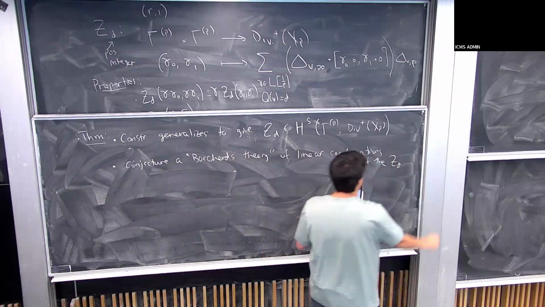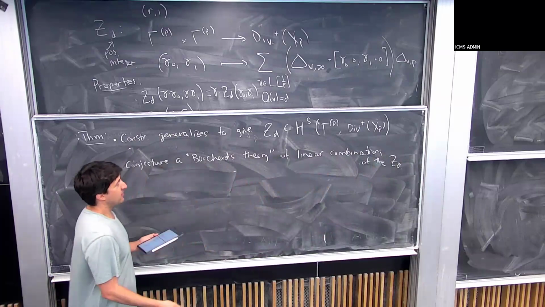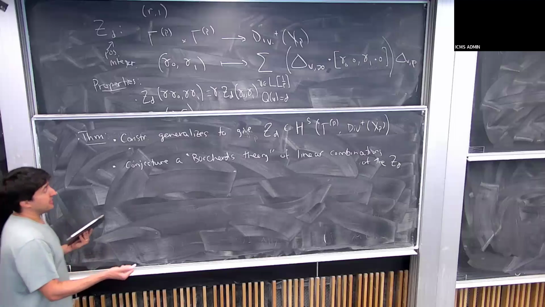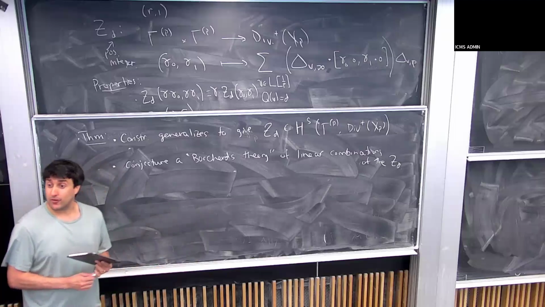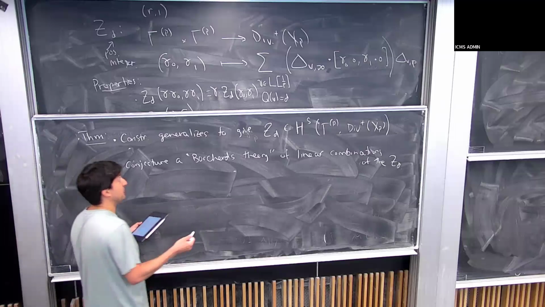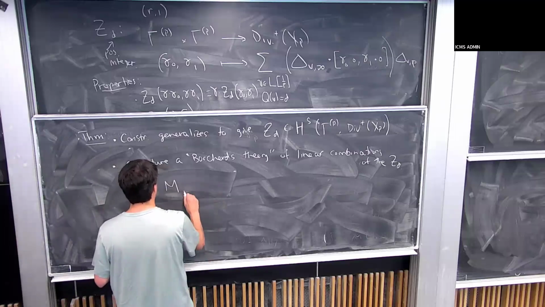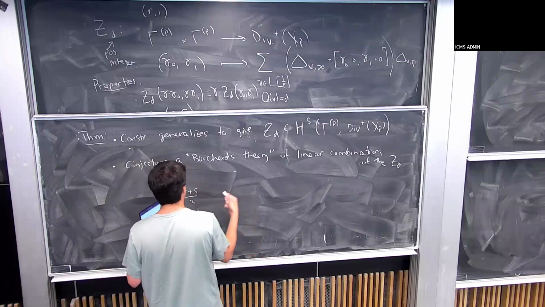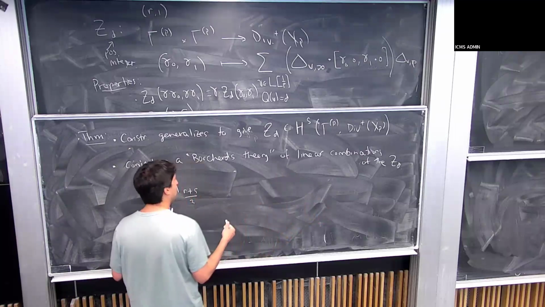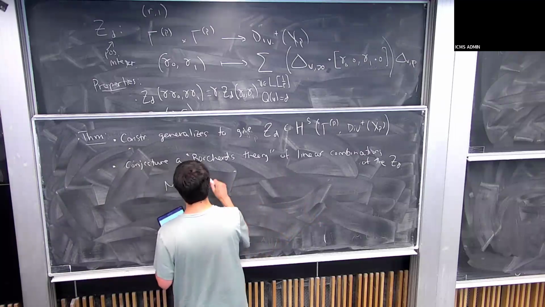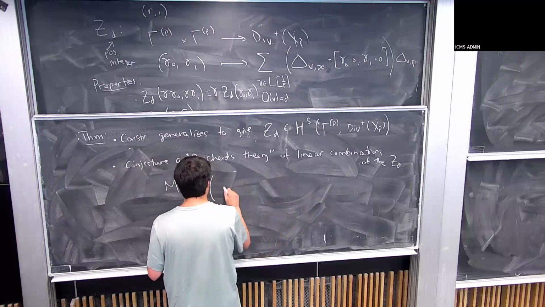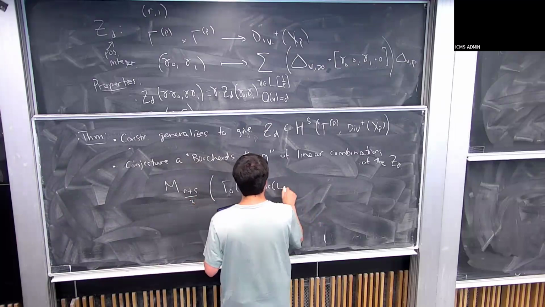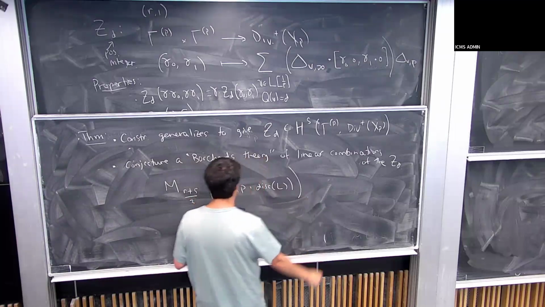In other words, we have a very good guess of when integer combinations of these Z sub D should correspond to principal divisors, and it's governed by linear combinations of Fourier coefficients, those functionals basically of level gamma naught of P. This is imprecise, but I'm just going to say it like this.